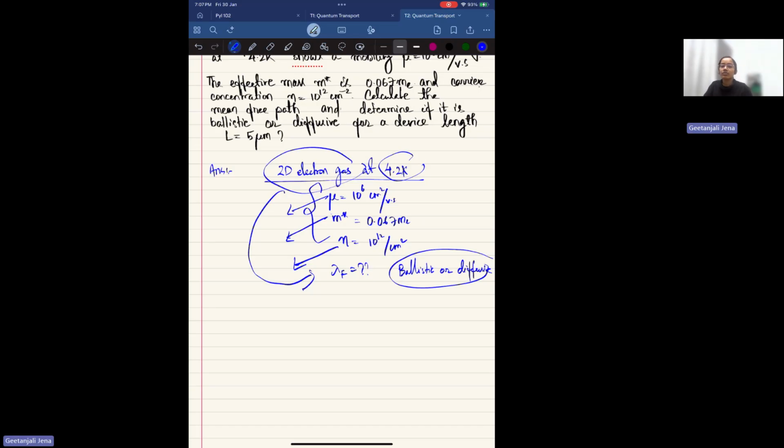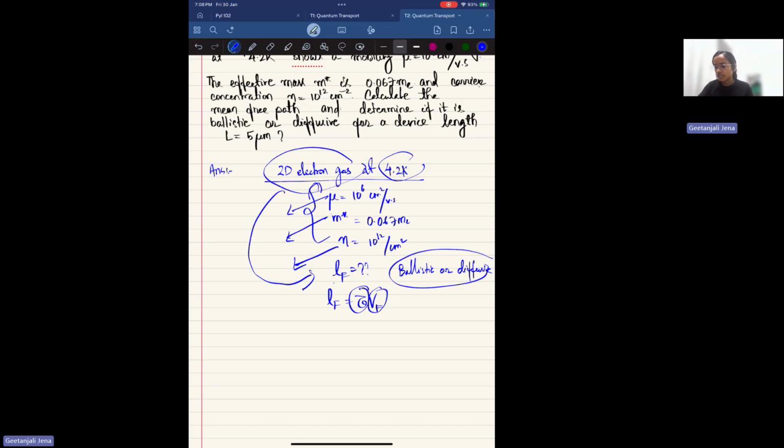So for a 3D system, if you recall, the mean free path is, sorry, wrong symbol, the mean free path is L F. You can write it as the scattering time multiplied by the velocity. So you need to find out the velocity and the scattering time.